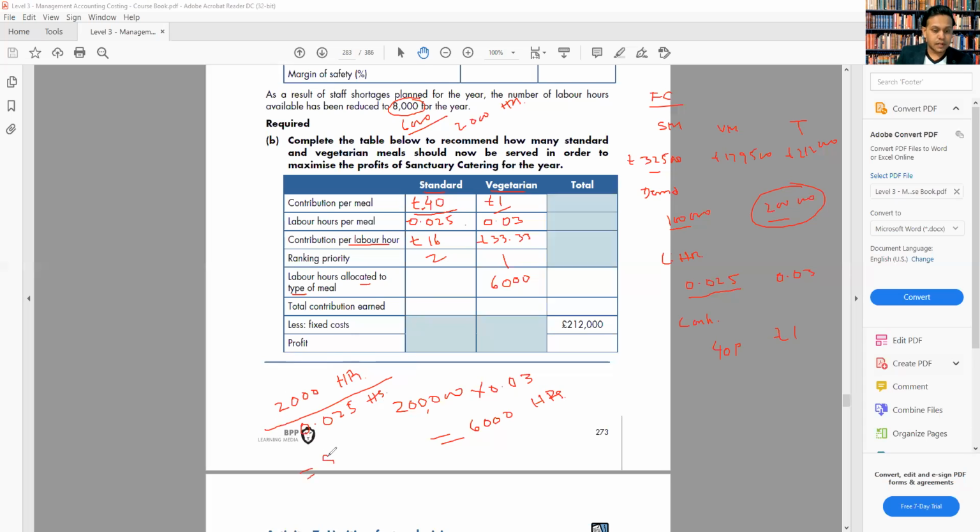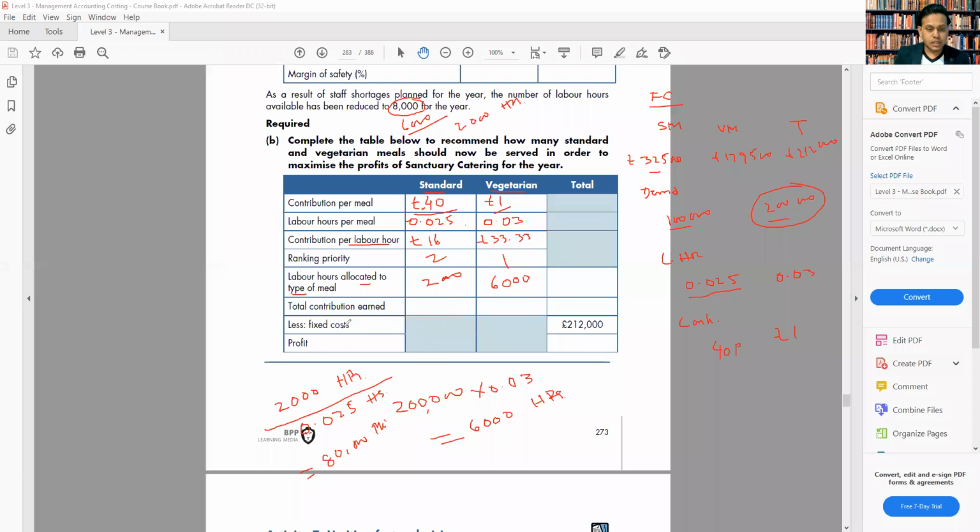That will be 80,000 meals, because one meal takes 0.025. So with 2,000 hours, I can make 80,000 meals. Very well done, Luis. So I'm going to use the 2,000 here.